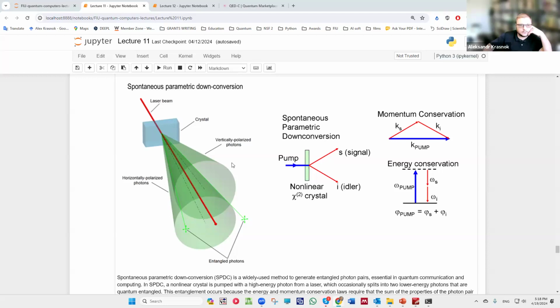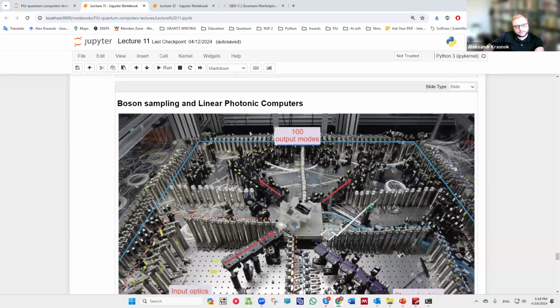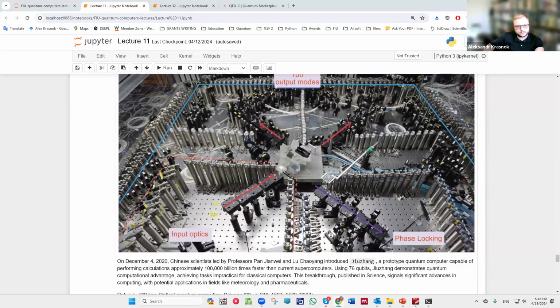That's crucial for quantum communications, for quantum cryptography, for quantum security key distribution, and so on. For some protocols, some protocols of security key distribution don't require entanglement.